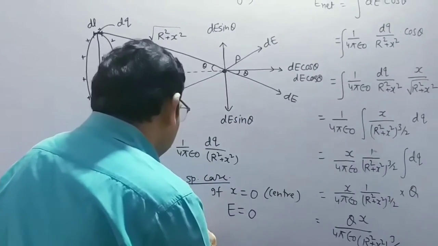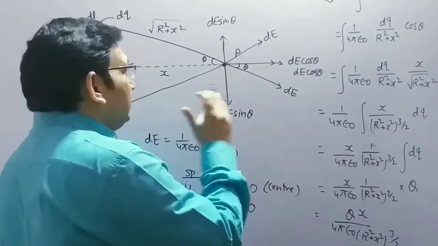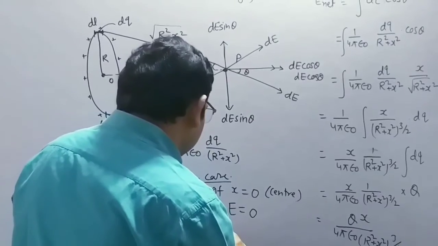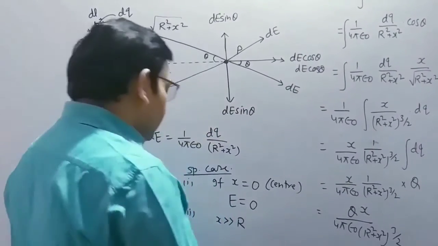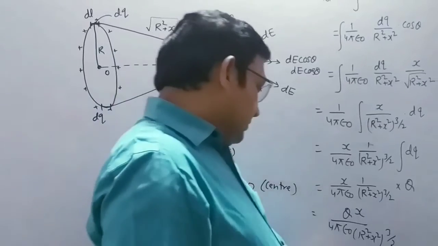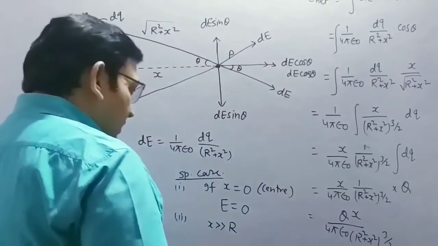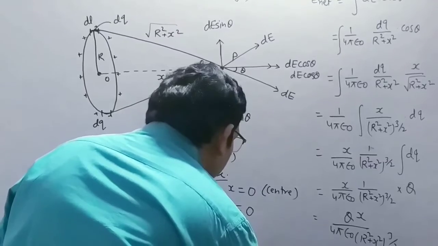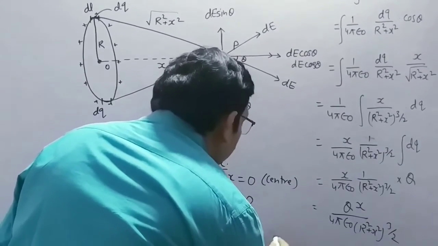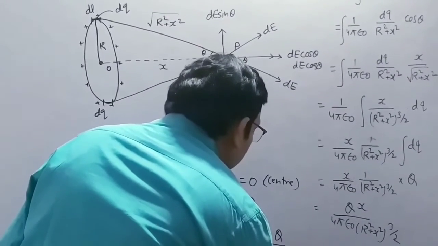One more case. Assume that the point P is at a very large distance, so x is much greater than the radius of the ring. So neglecting r compared to x, we get electric field 1 by 4 pi epsilon q by x square.